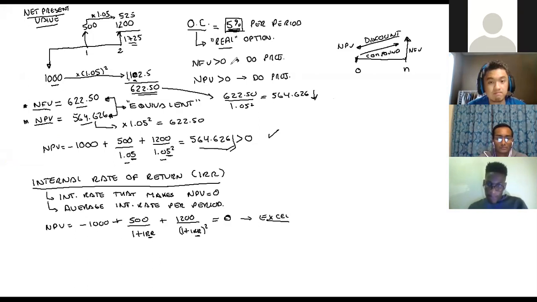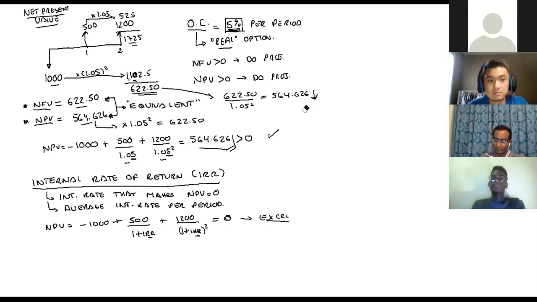Okay, here, remember that I told you this part here is greater than 0. So let me delete this part here. And what happens when we have the net future value or the net present value equals 0? What is the meaning of that, guys?